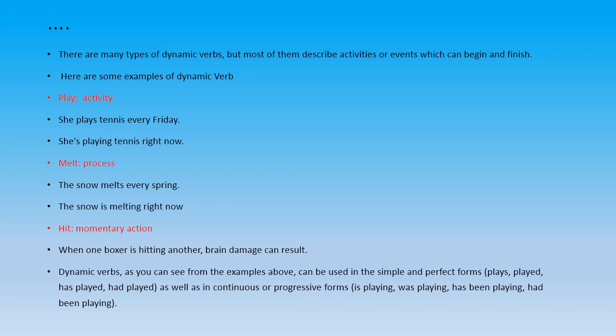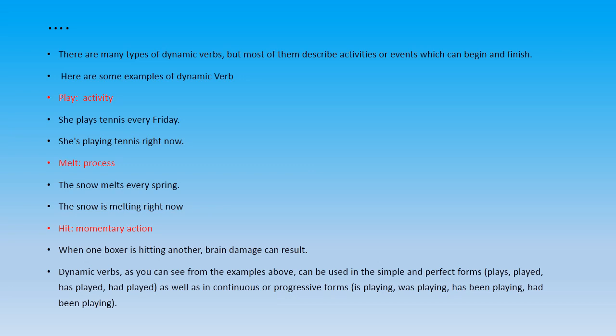Next, melt, process. The snow melts every spring. So this word is also showing an activity. The next example is hit. Hit is showing momentary action. For example, when one boxer is hitting another, brain damage can result.